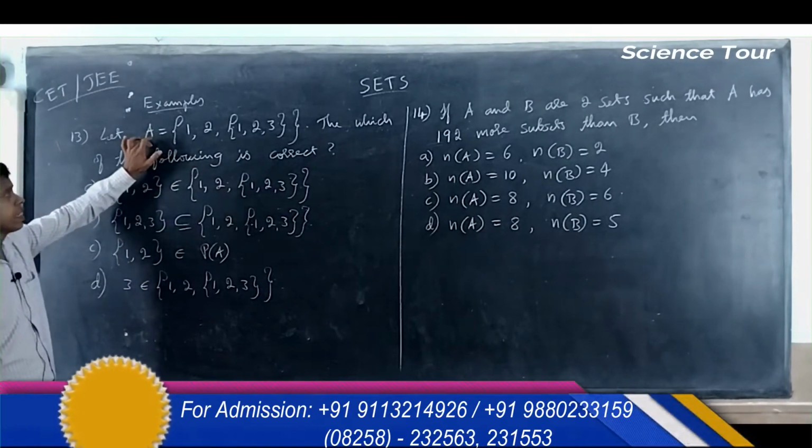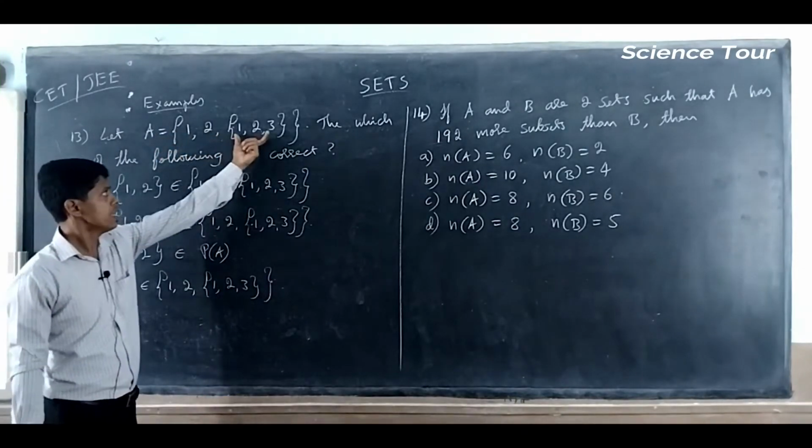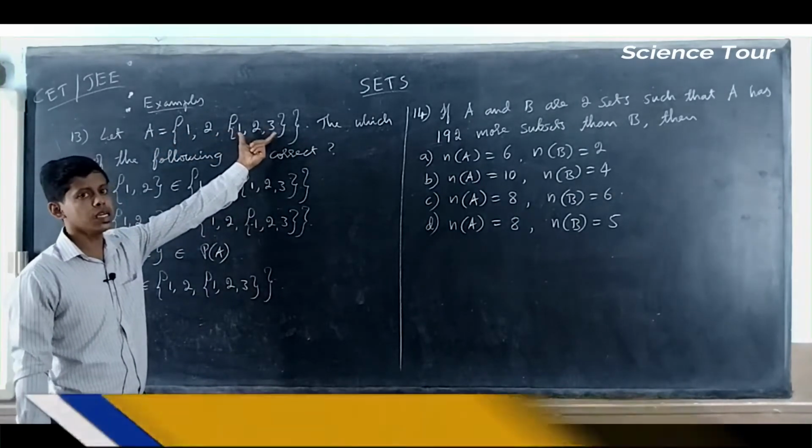Understand, let A be the set of all 1, 2 and the set containing 1, 2, 3.